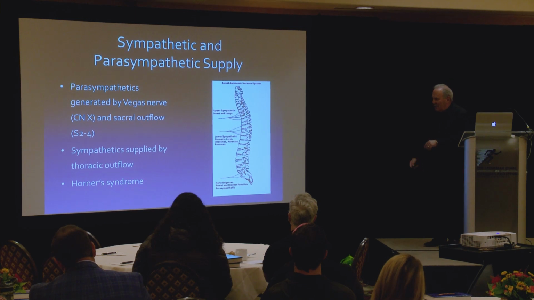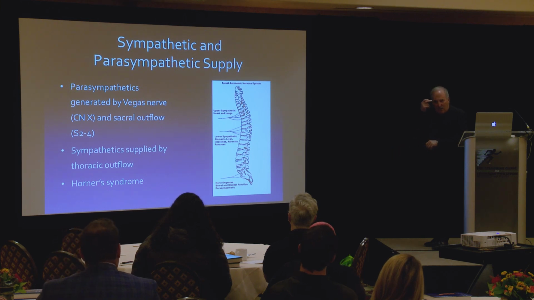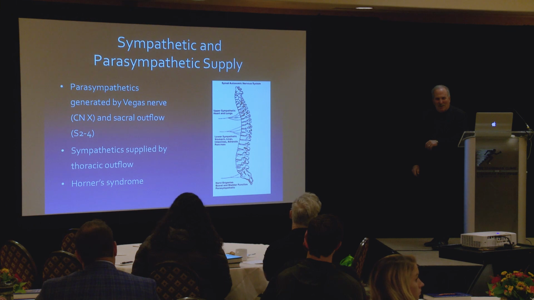Okay, parasympathetic, sympathetic supply. We all remember this, but we'll go over it again. The sympathetic supply comes from T1 through T12, and then it spreads throughout the body. Remember Horner syndrome, where you get a drooped face, right? Lack of sweating, anhidrosis. Help me out, Eric. Miosis, ptosis.